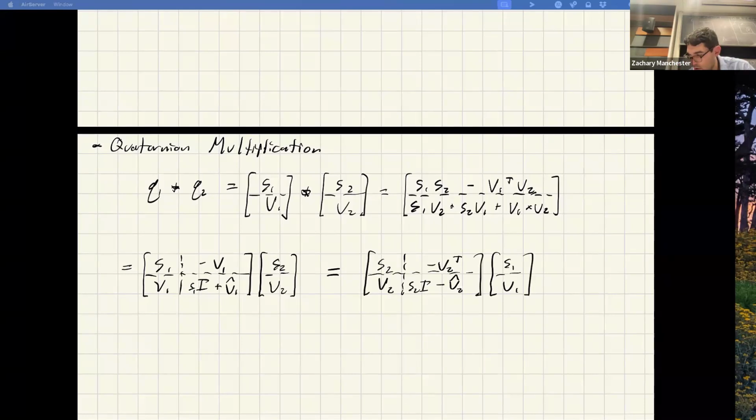Okay, so this we're going to call L of Q1, and this one we're going to call R of Q2. So what this is saying is I can write that quaternion product as L of Q1 times Q2, or R of Q2 times Q1. It's the same thing. Not that useful yet, but it's useful when I need to differentiate this, so I can chain rule through it.